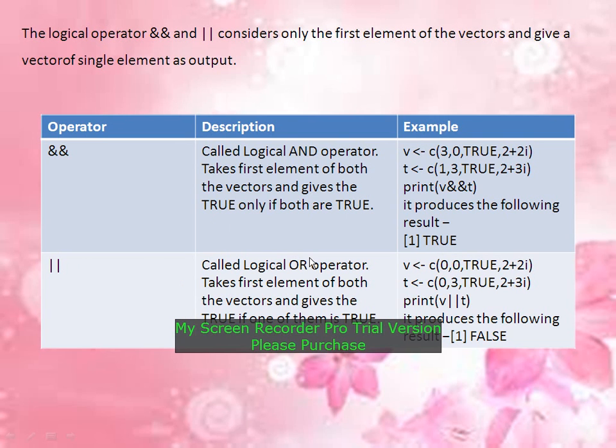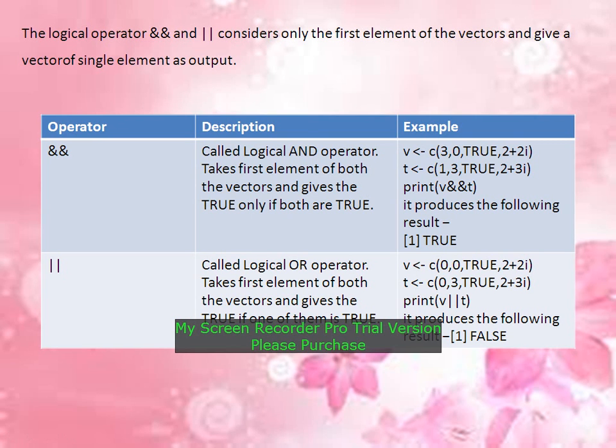When we come to the OR operator, called the logical OR operator, it takes the first element of both vectors and gives true if at least one of them is true. But here it produces the result false because it takes the first element and both are false. So these are the two special operators in the logical category.